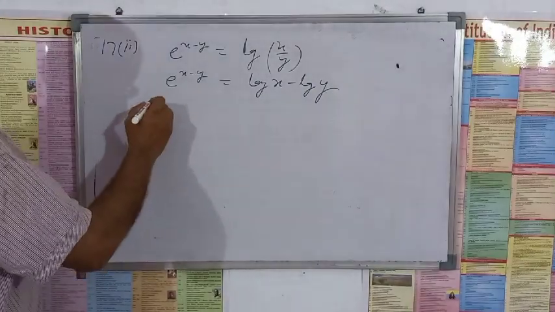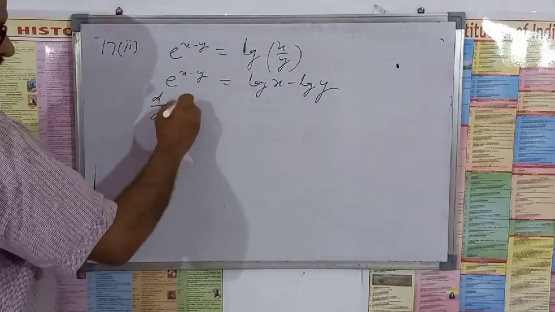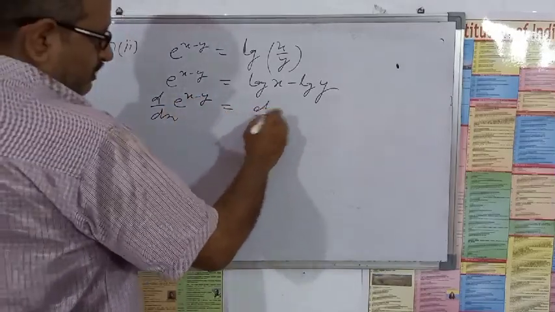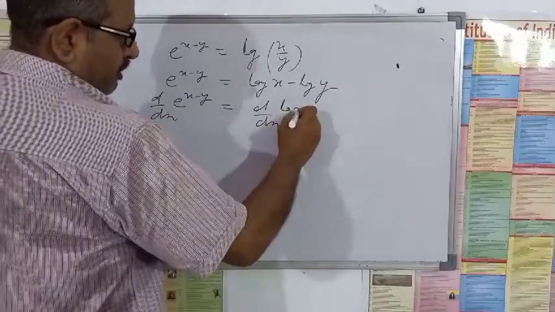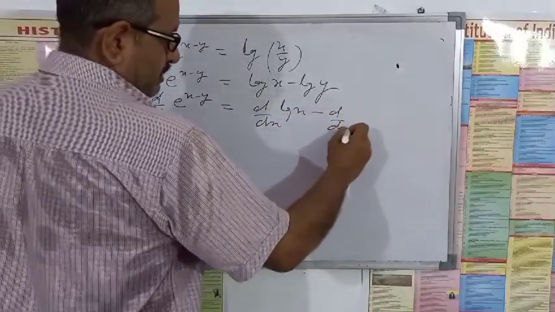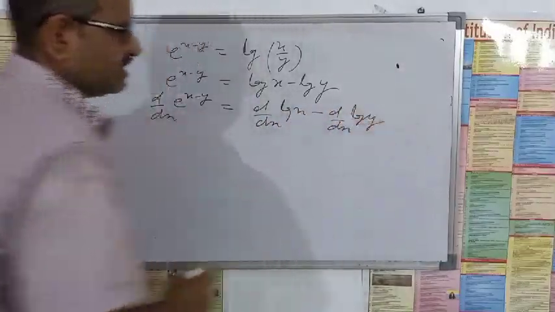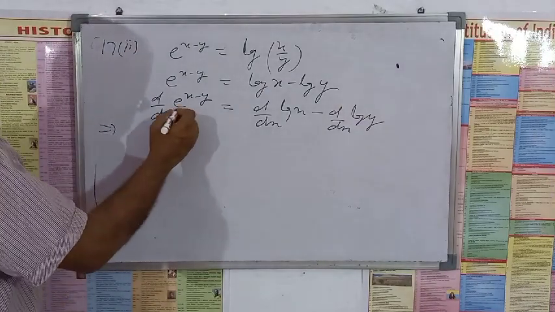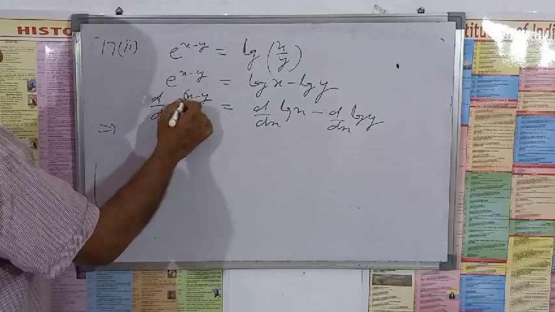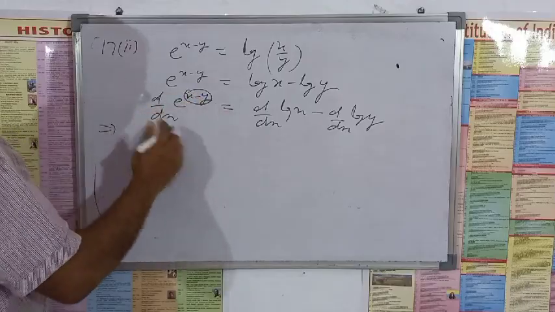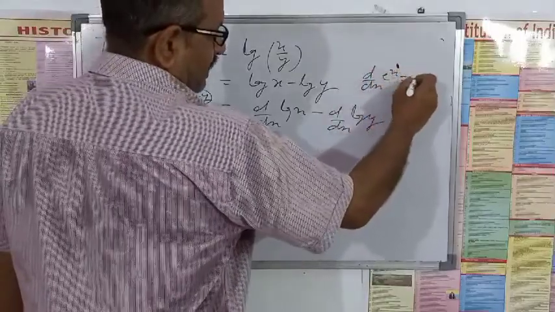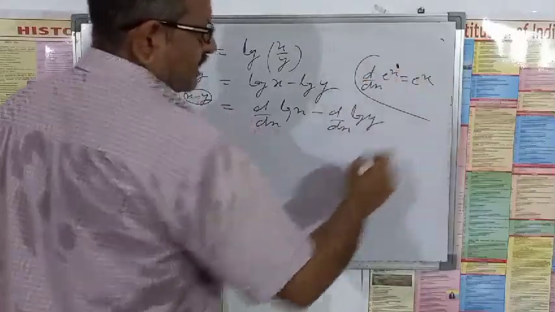Now differentiate: d by dx of e to the power x minus y is equal to d by dx of log x minus d by dx of log y. What is the derivative of this? Suppose x minus y is x. Derivative of e to the power x is e to the power x.